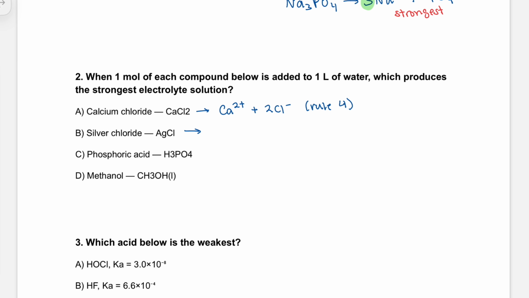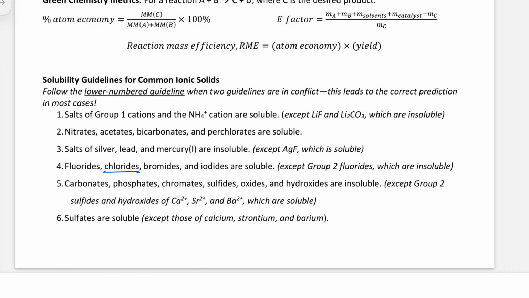So AgCl, let's see if it's soluble or not. This, in fact, is not soluble because it says in rule 3 that salts of silver are insoluble. So this is insoluble, and this is not going to be our strongest electrolyte.